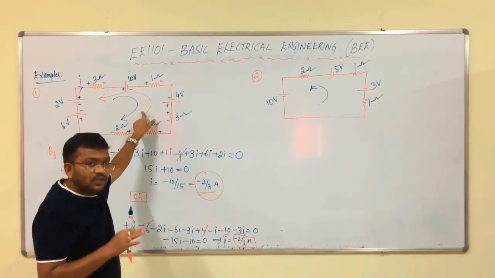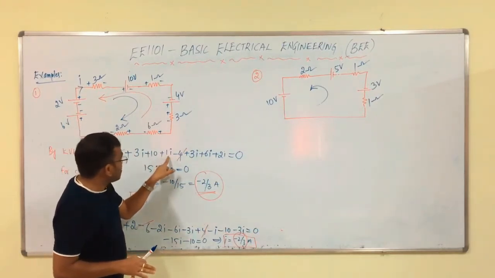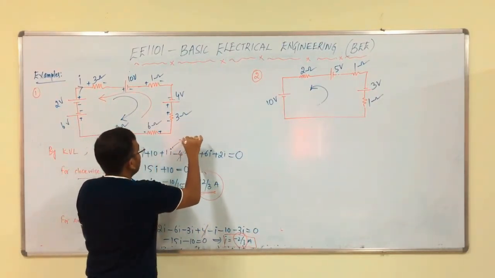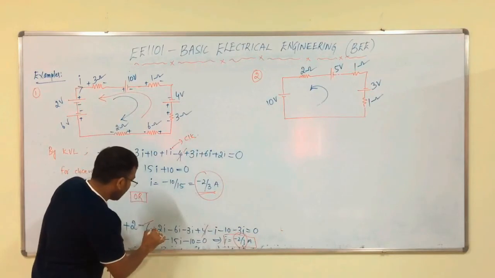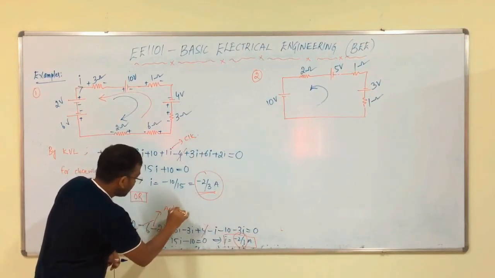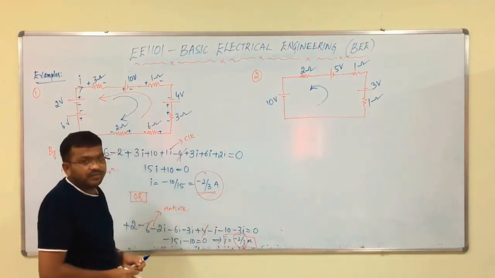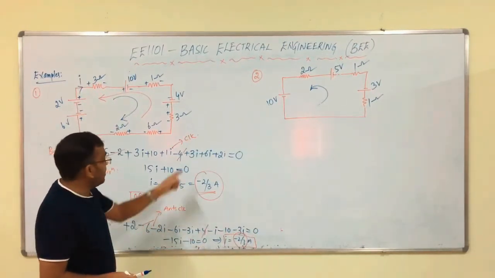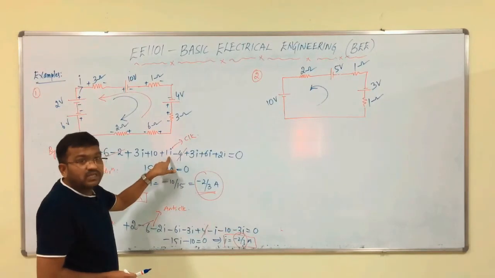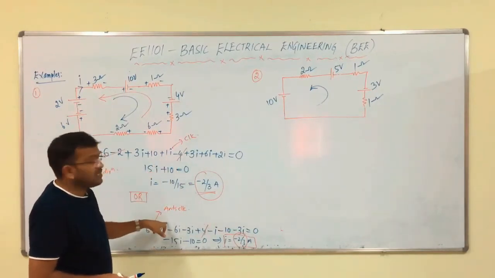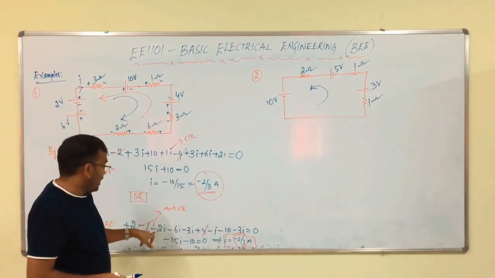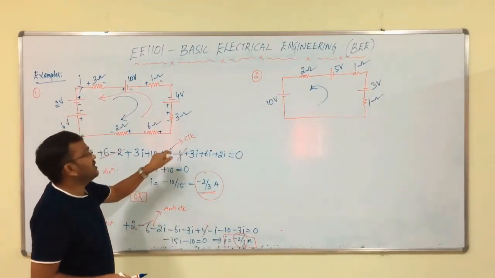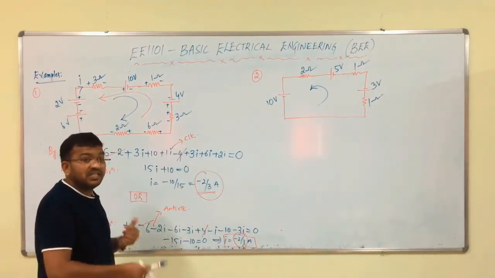Generally, we are assuming positive voltage drops for clockwise, negative voltage drops for anti-clockwise. We are getting the same value of current, but the question is, can we take positive voltage drops for anti-clockwise direction or negative voltage drops for clockwise direction? Is there any change in the value of current?